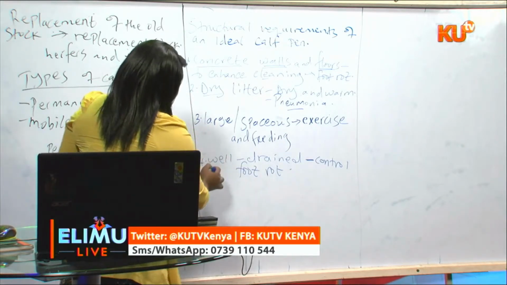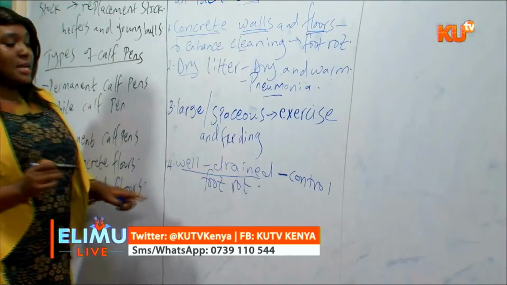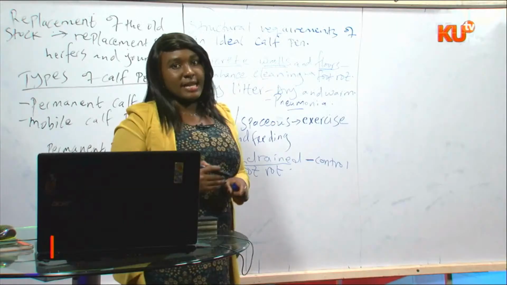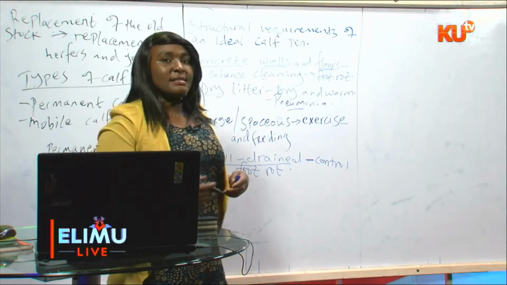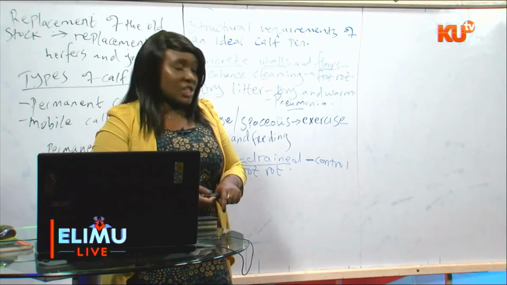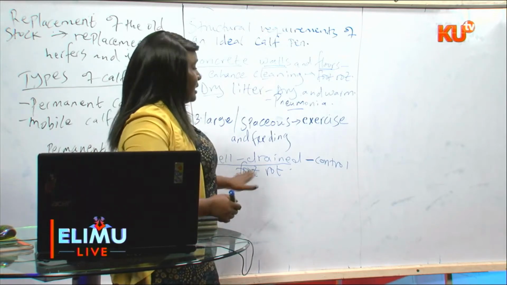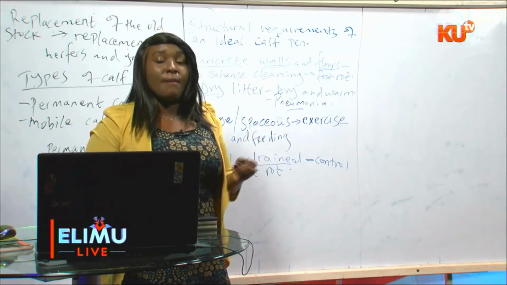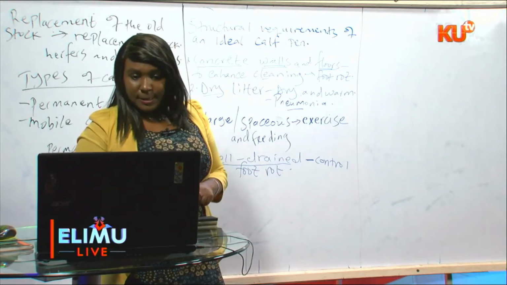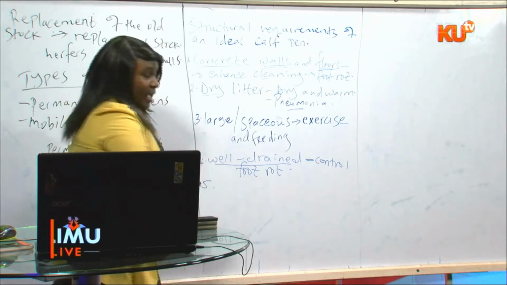So that is the fourth point: a well-drained area. You should site your calf pen on a well-drained area, not one where, with just a slight rain, you realize that the place is getting so mushy. So we need a place that is well drained in order to facilitate an environment that cannot harbor diseases like foot rot. Number 5th point is the idea of ventilation.